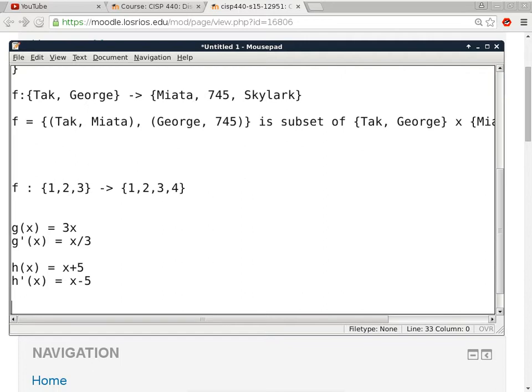So now we want to take a look at what is h prime of g prime of x. Now, how do we work this out? There are two ways to do it. You can expand g of x first. So g prime of x is x divided by 3. I think we have to apply the h prime first.